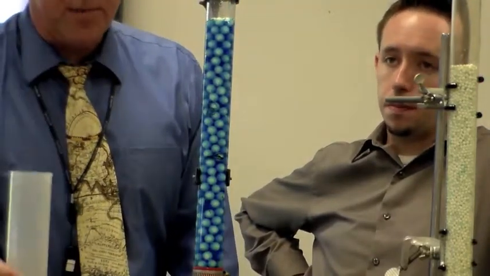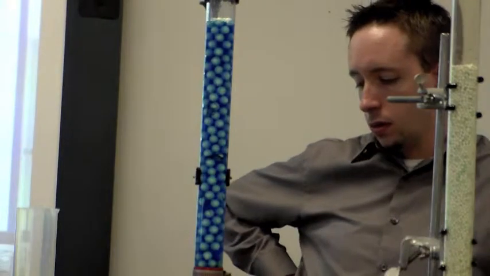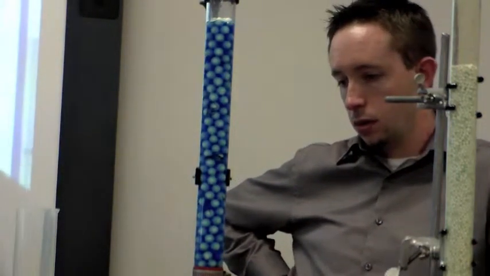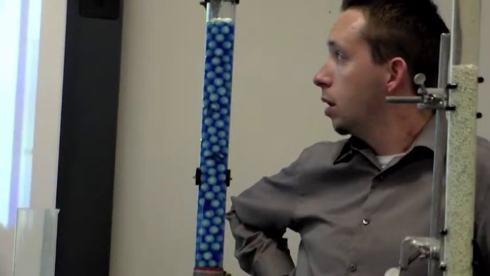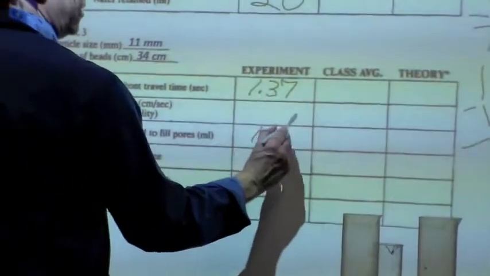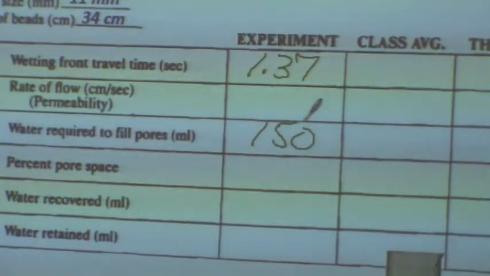All right. Okay, perfect. I got lucky on that one. The amount of water we put in there was exactly 150. From our 300, we lost 150. That means we put in exactly 150 milliliters of water required to fill those pore spaces.